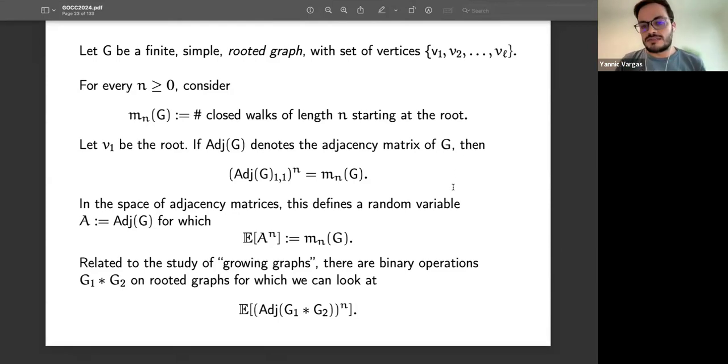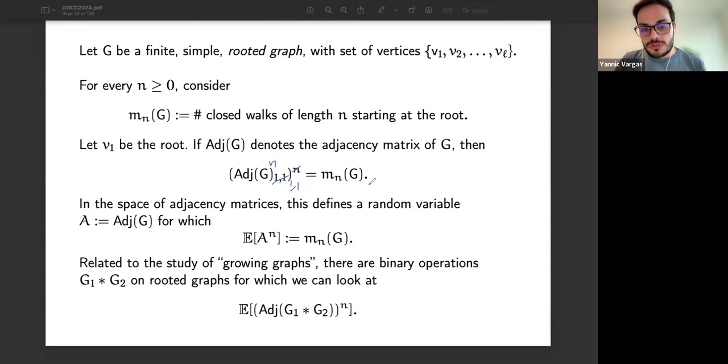by looking at the adjacency matrix. You construct the adjacency matrix, which is a finite matrix because J is finite. And you take, so here again, it's a typo, it should be, you take the power n of the adjacency matrix and then look at the entry 1,1 of that matrix.